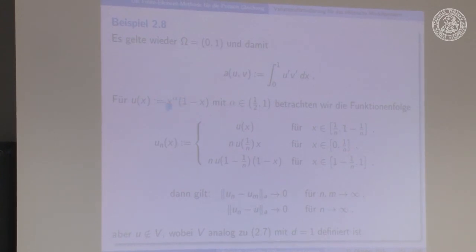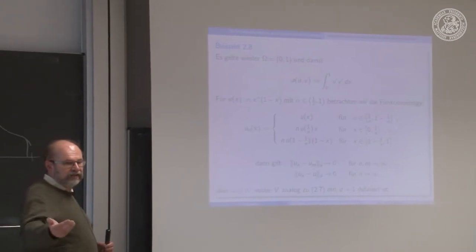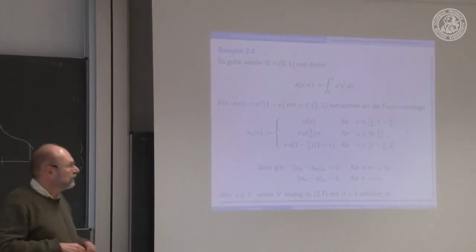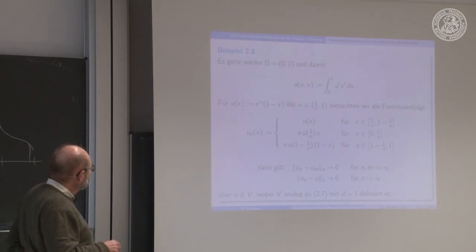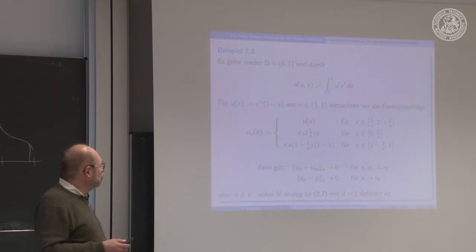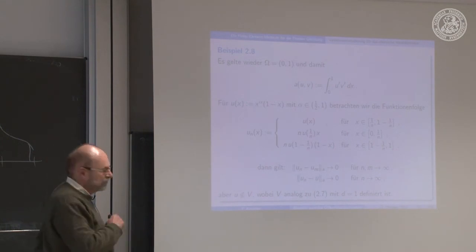The derivative behaves like x to the alpha minus 1 at 0. That means it cannot be continuously prolongated to the boundary. That means this function is not in the space as we have defined it. There's the regularity of the derivative missing at x equal to 0.